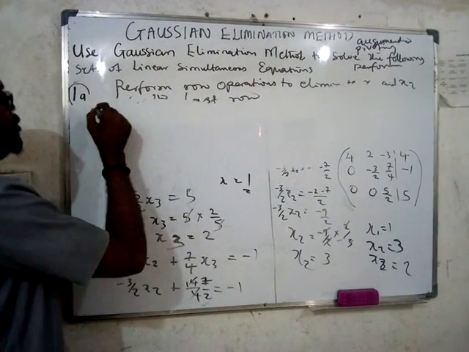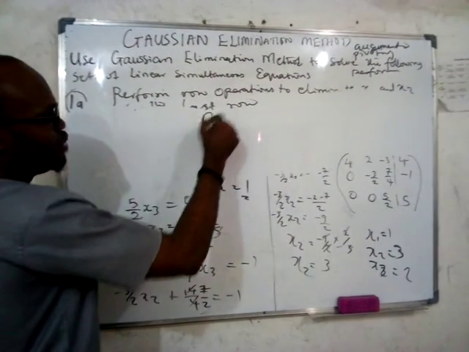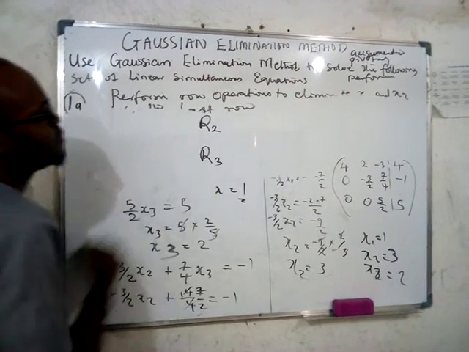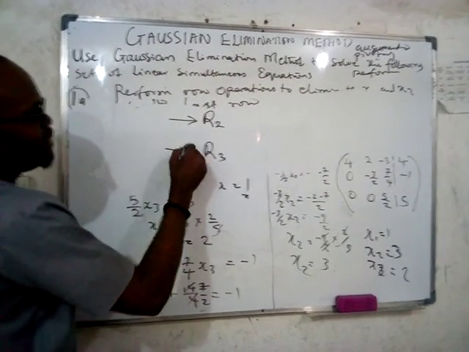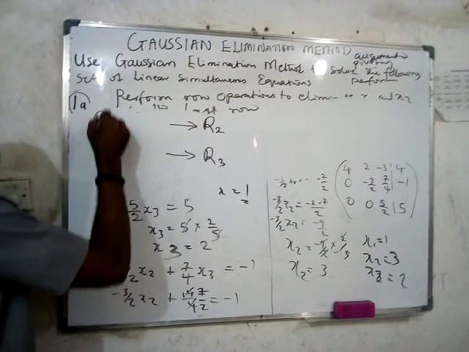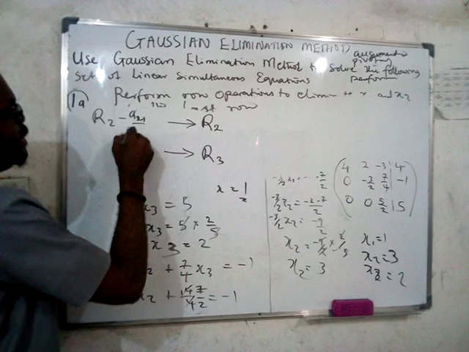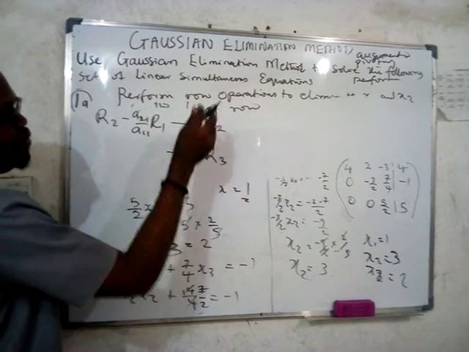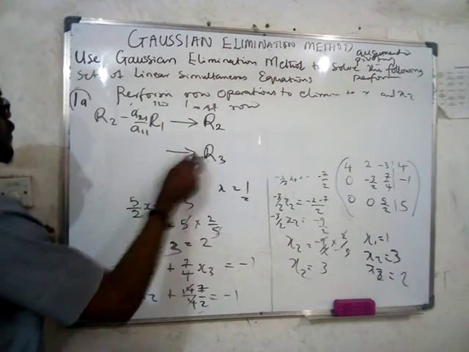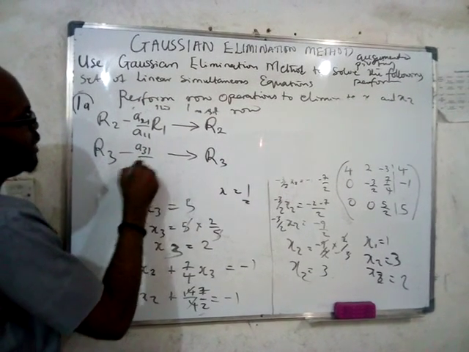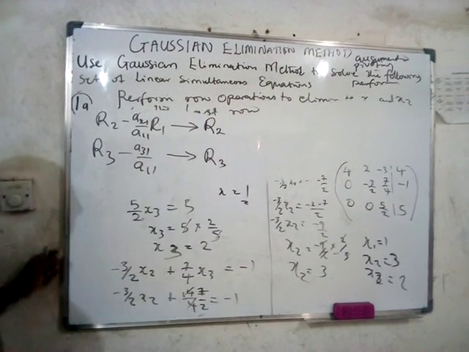You have to know that you have to replace row 2 and row 3. So what do you use in replacing row 2? Use row 2 minus A21 over A11 row 1 to find a new row 2. For row 3, use row 3 minus A31 all over A11 row 1 to replace.